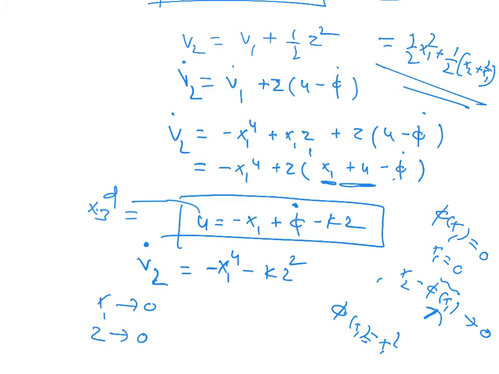So let's see. Just one more step, right? x1 dot equals to x1 squared minus x1 cube plus x2, x2 dot equals to x3, and x3 dot equals to u.